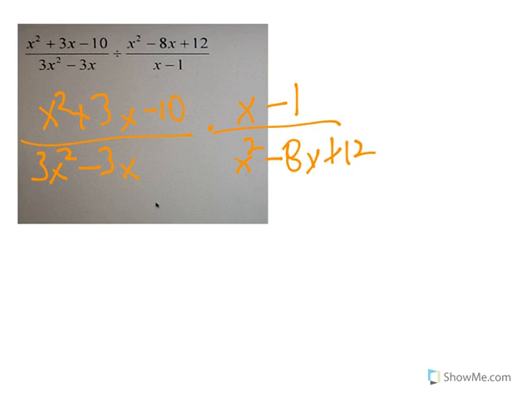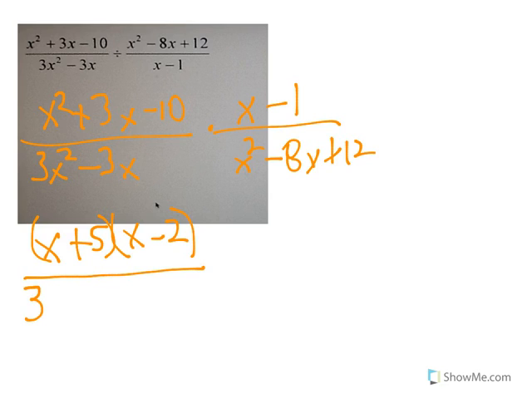Okay, so now I start factoring as best I can. So this is going to be x plus 5 and x minus 2. On the bottom, it's going to be 3x on the outside, and x minus 1 on the inside.